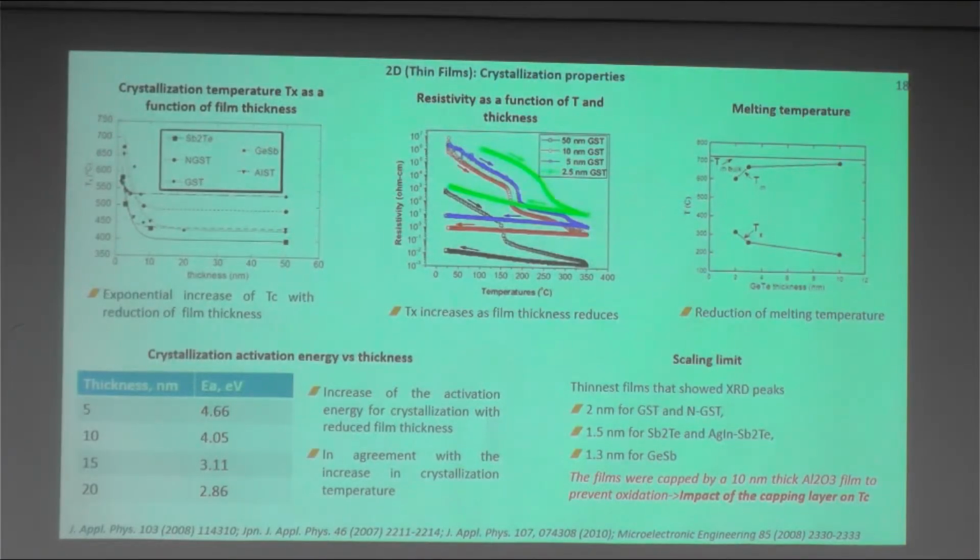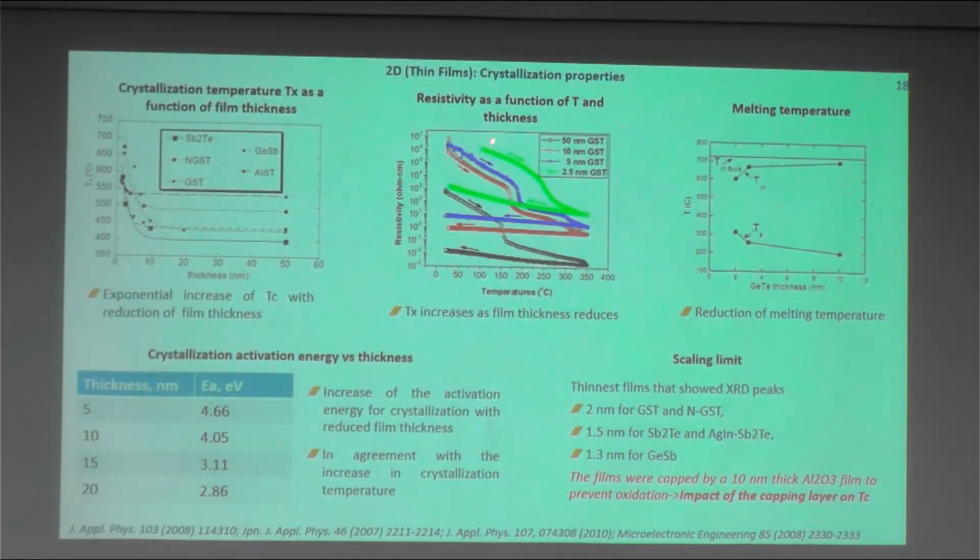Also, there is an increase of initial resistance of GST with size decrease. Here we show this is the initial resistance, and this is the size of our thin film, like 2.5 nanometers.